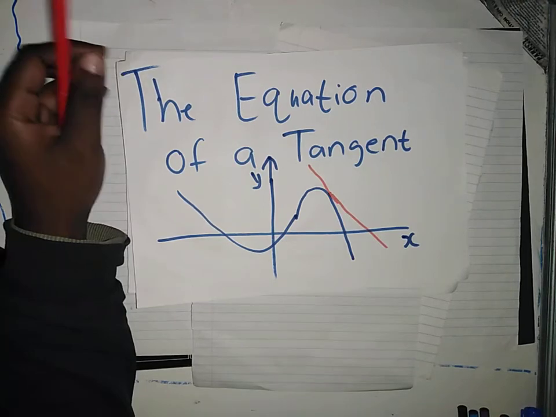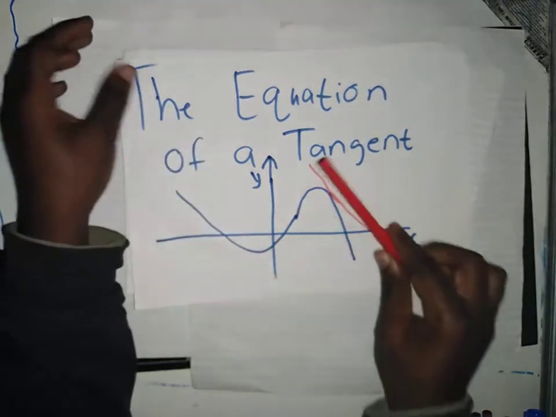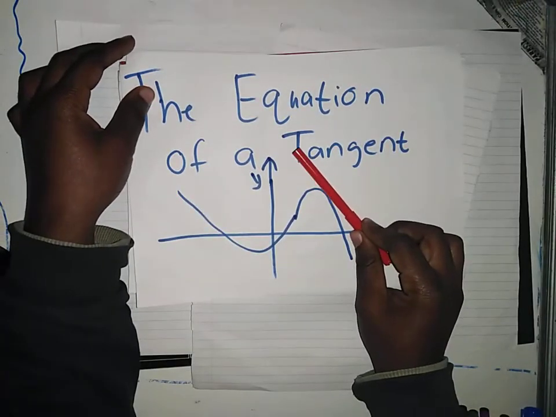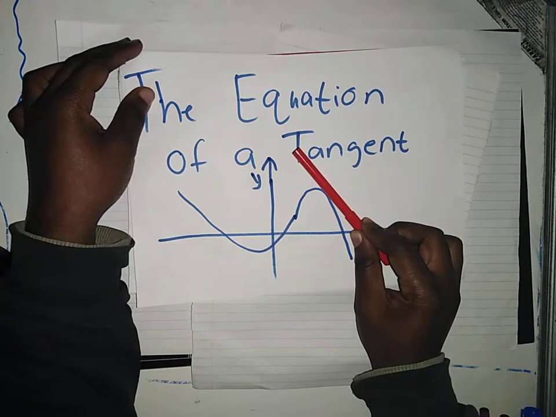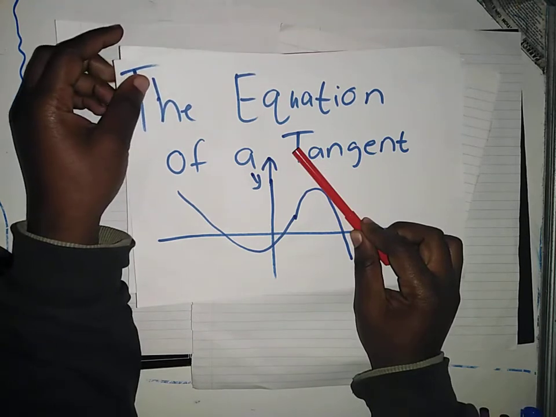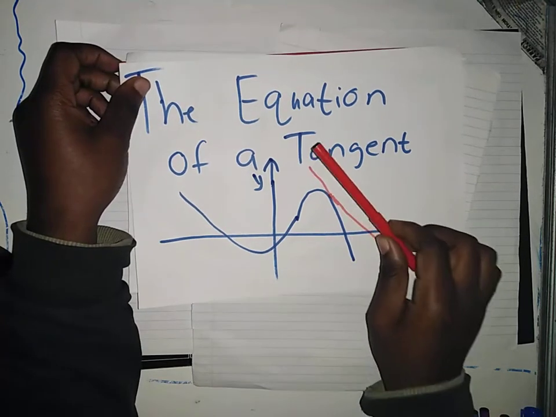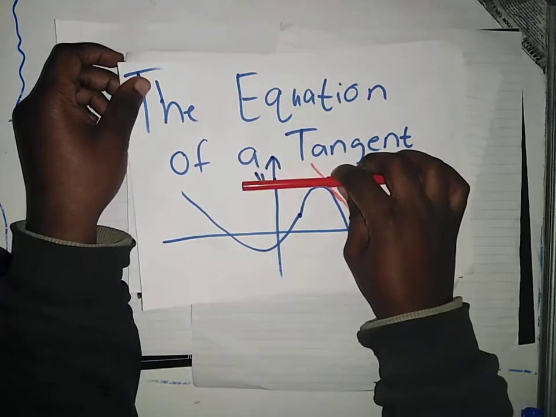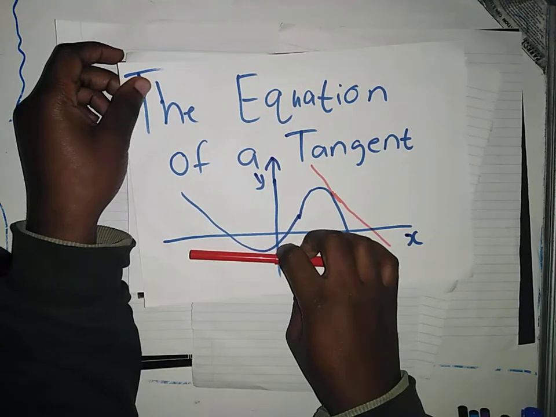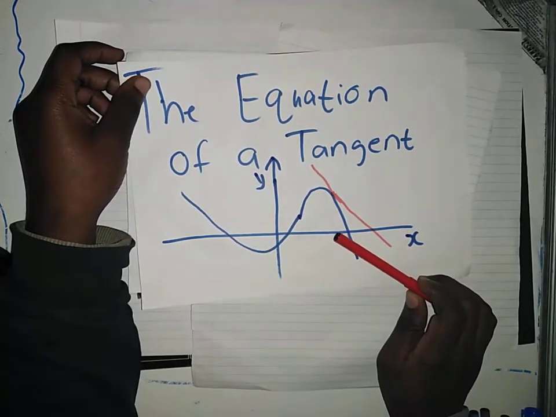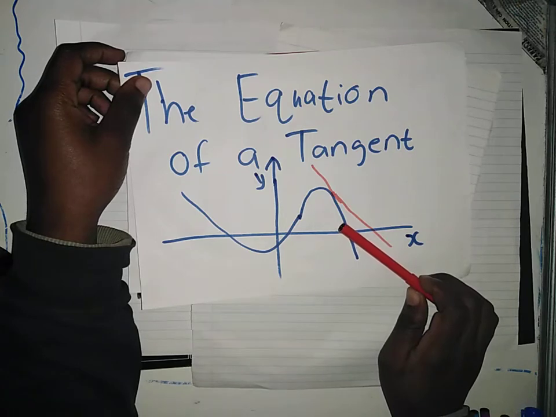You can see here, we've got an example of a tangent. It touches the curve at this point, so we call it a tangent. It does not necessarily have to touch it here. It can touch it here, it can touch it here, it can touch it here. We don't care. As long as it touches it at one point, then we refer to it as a tangent.